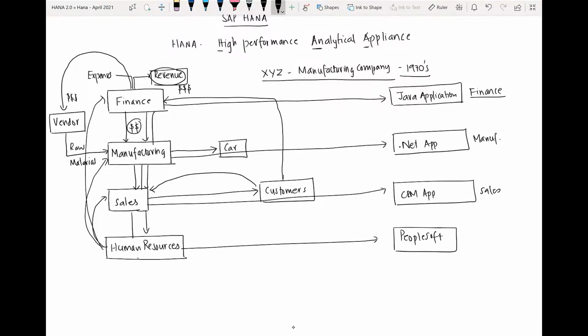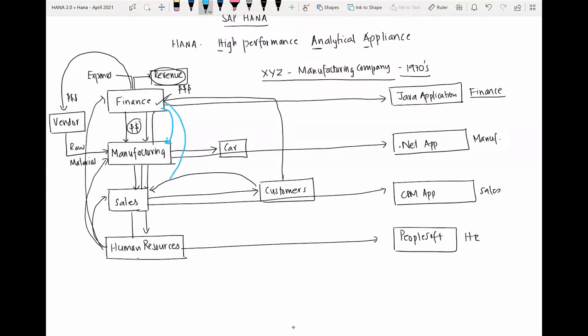Now, if each of the departments contained its own application and they were running individually, imagine in those days, how did the interaction happen? If something happened in my finance team, how does the finance team know that the data from finance has now been fed to manufacturing?